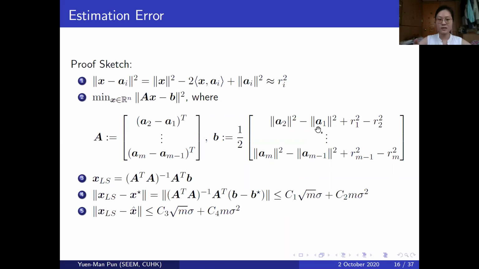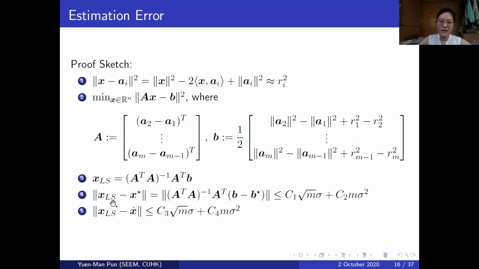This system is overdetermined, but we can easily get the least squares solution using this formula. This is a key step. We will also use this system for the later steps.